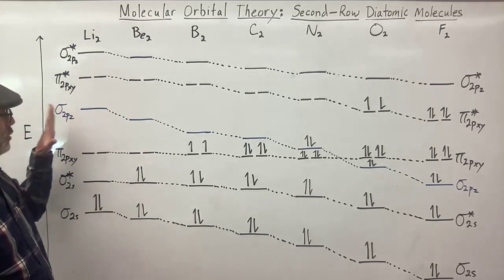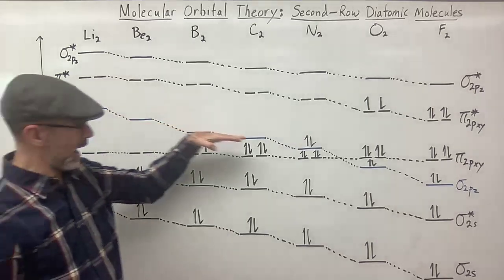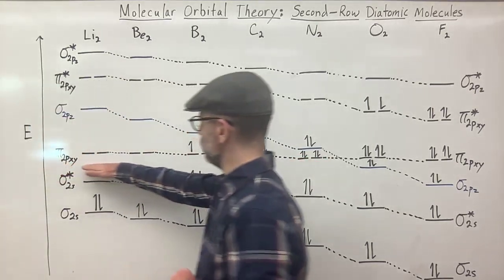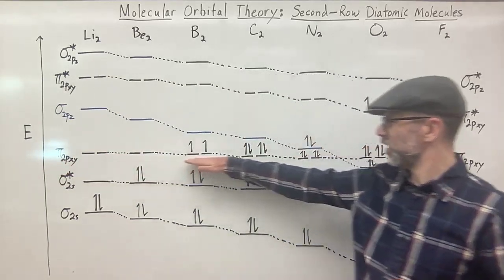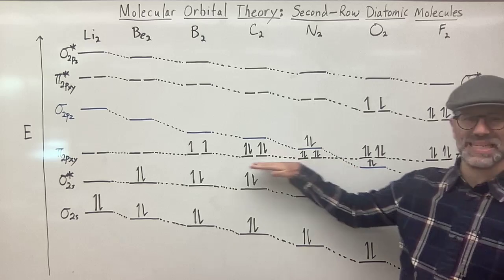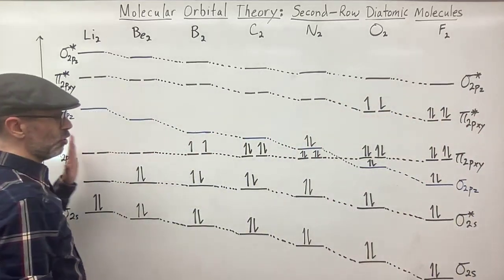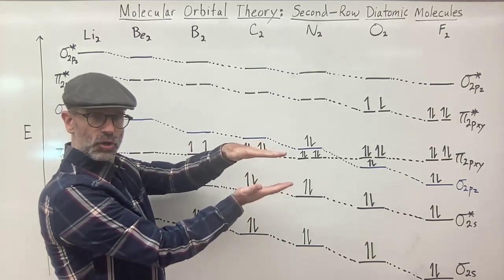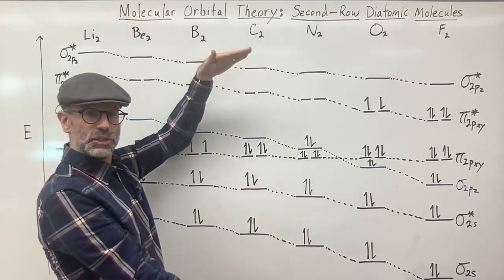Now you can see as you go across, the sigma 2pz is going down dramatically in energy, where the pi 2pxy molecular orbitals are going down only very slightly. As you go across, the difference in energy between the S and P orbitals gets larger, so you're not going to have as much mixing.